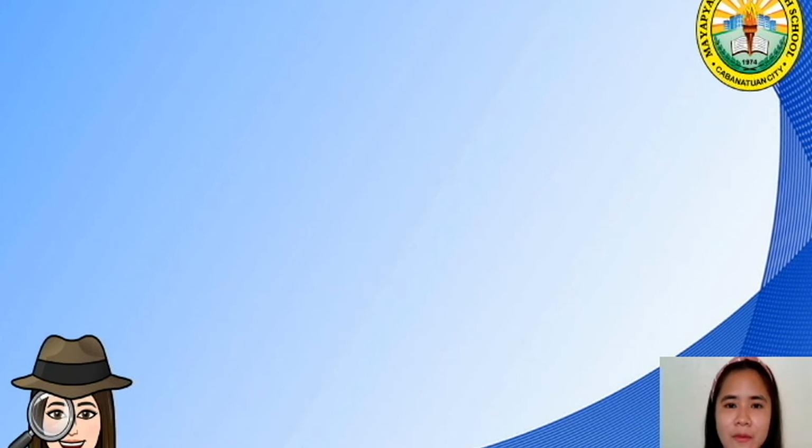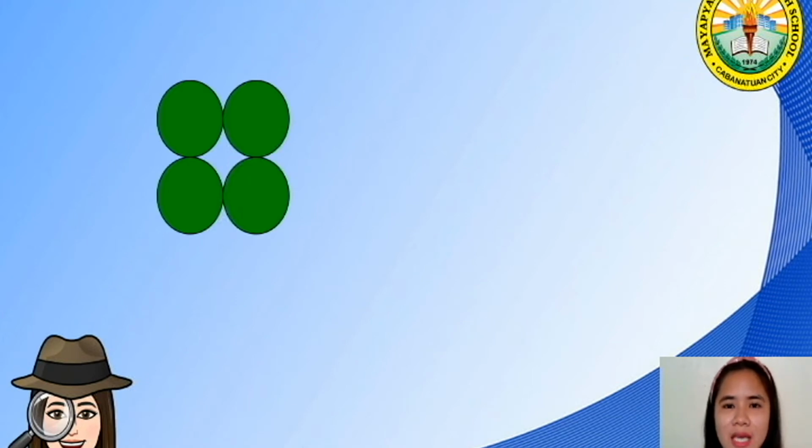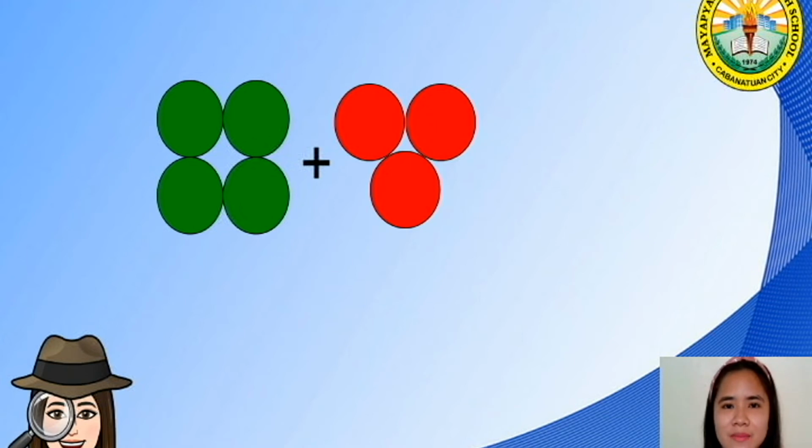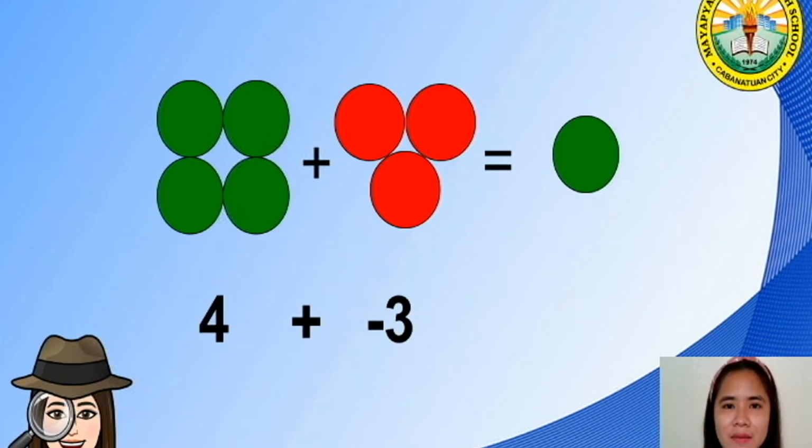Now, if we have 4 green chips and 3 red, what will be the answer? Very good. We have a green left over. So that is 4 plus negative 3 equals positive 1.